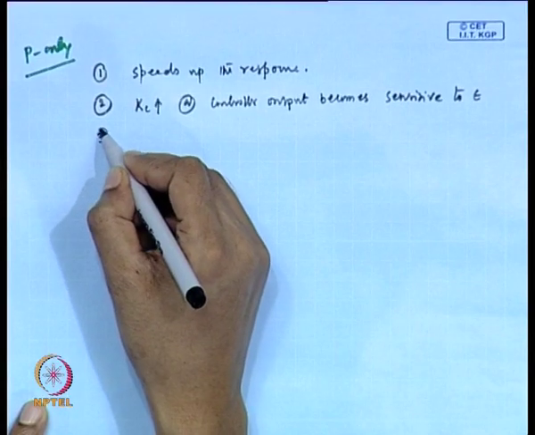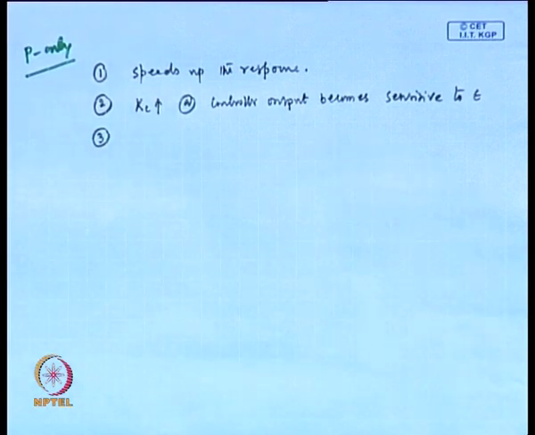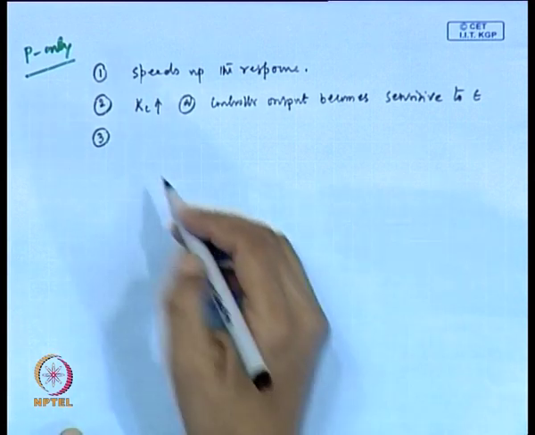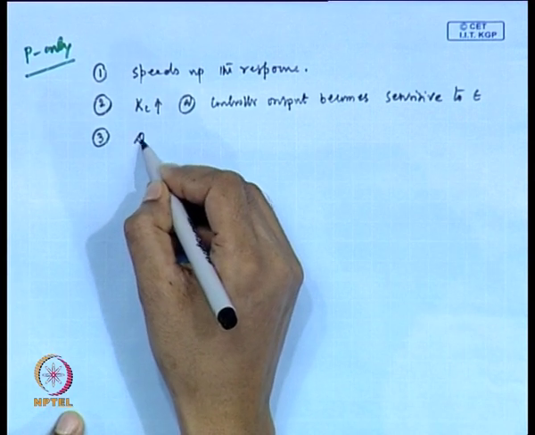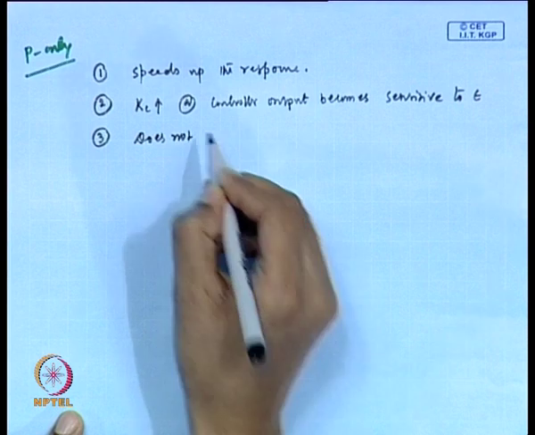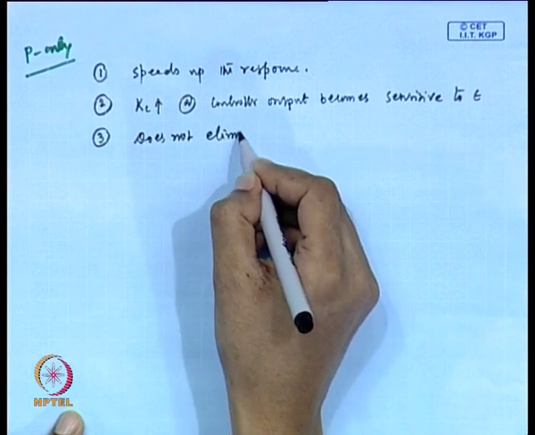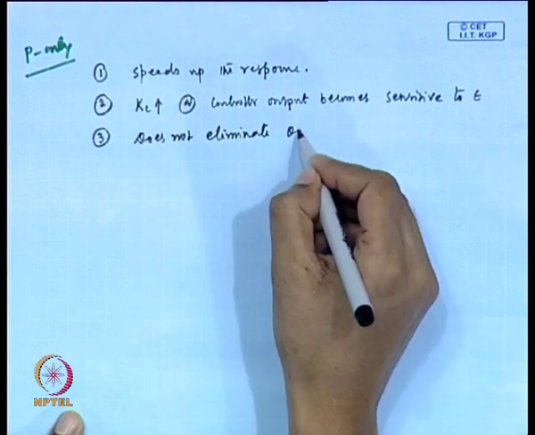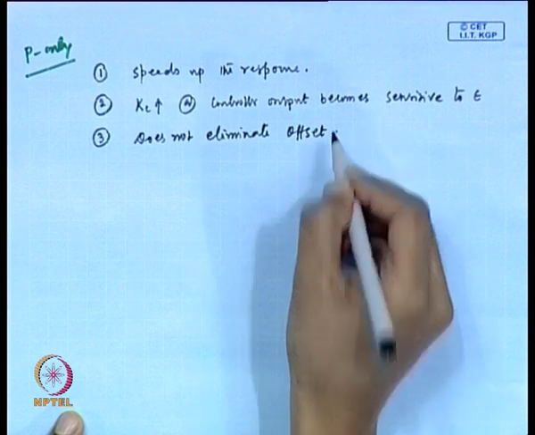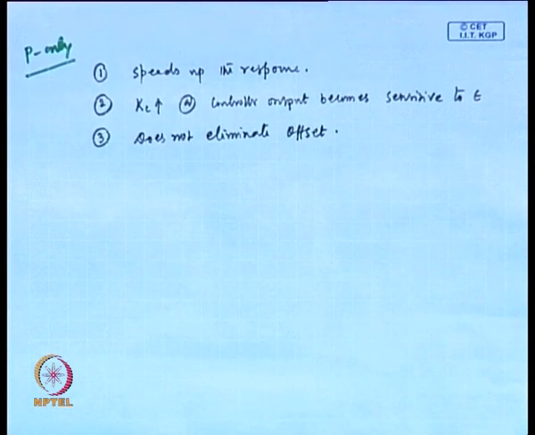This is the second conclusion on P only controller. Third one is it does not eliminate offset. Fine. These are the three important points related to P only controller.